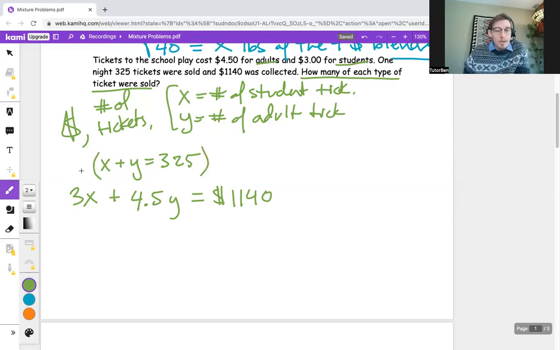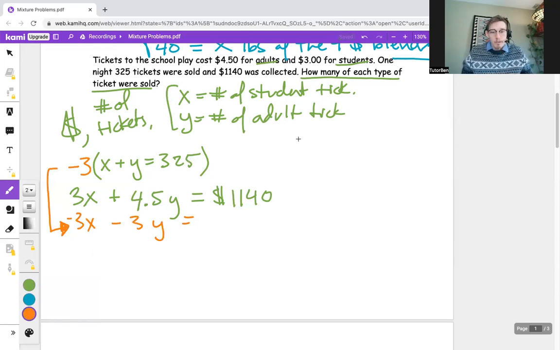So I'm going to multiply through this first equation by -3, and I'm going to rewrite it below my second equation. So my rewritten equation is going to be -3x minus 3y equals, and then I'll punch this into the calculator, 975, of course that's negative.